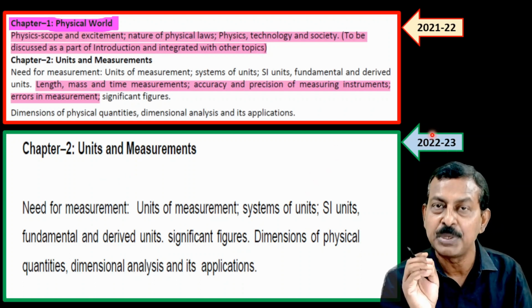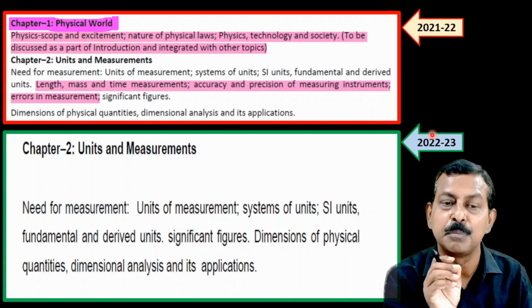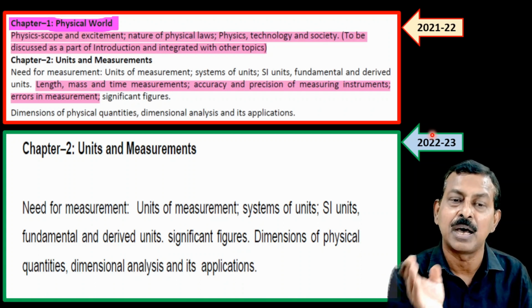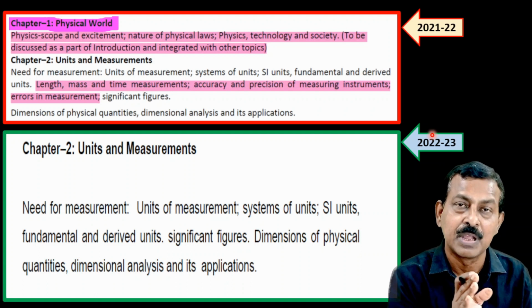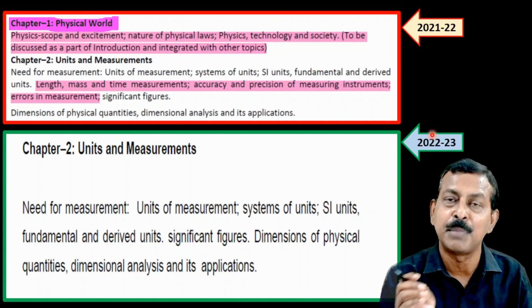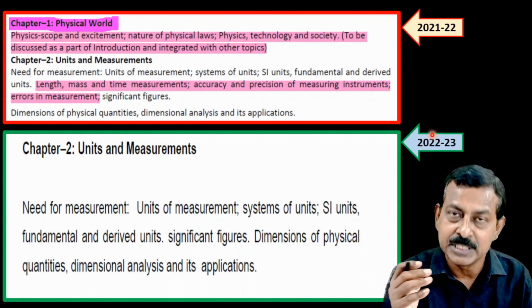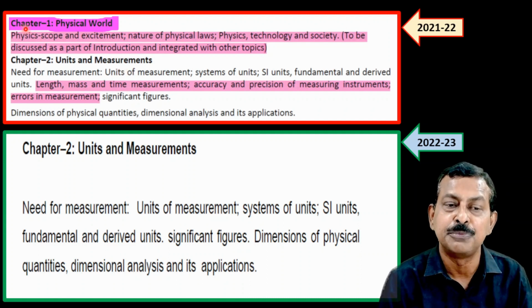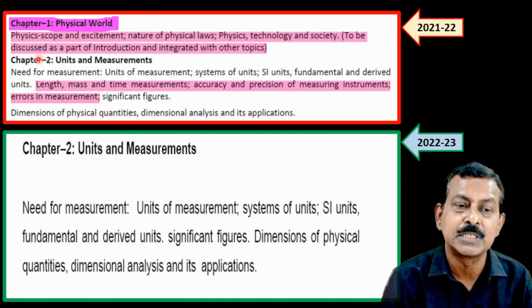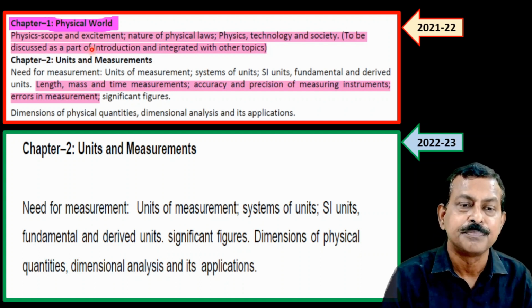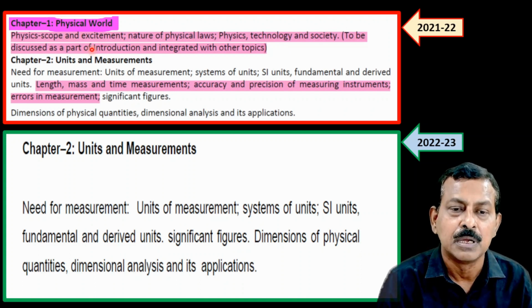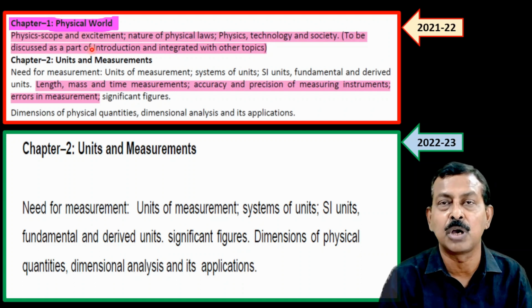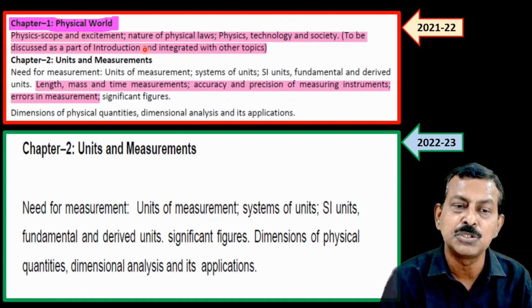All the topics marked with pink color are the topics that have been deleted, whereas the topics marked with green color are the topics that are added now. So here you can see physical world, physics, scope and excitement, nature of physical laws, physics, technology and society. All these topics are now deleted.